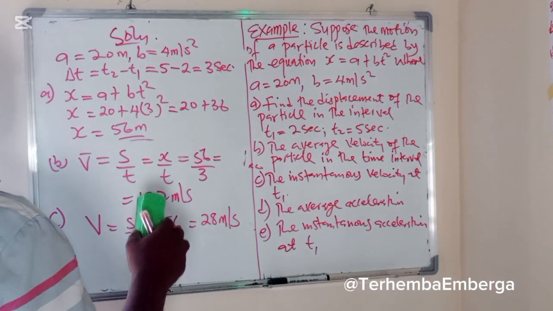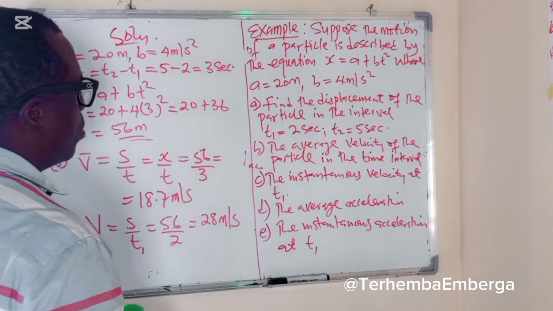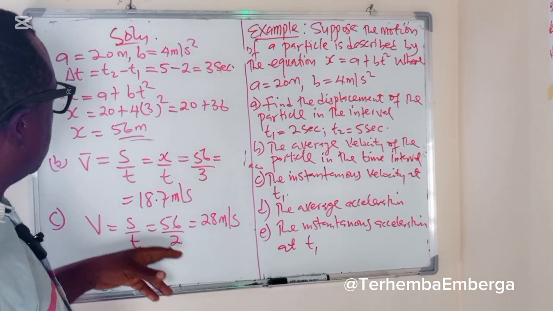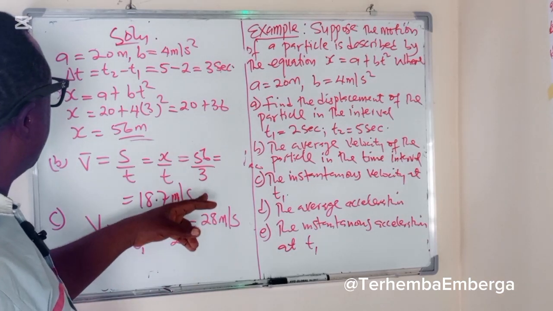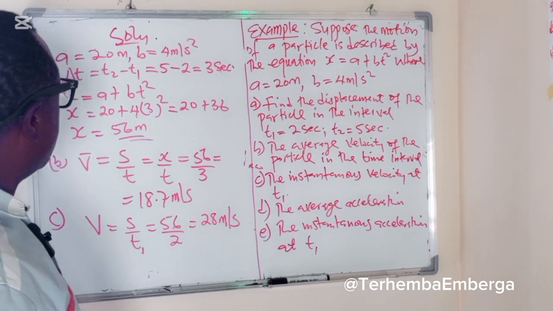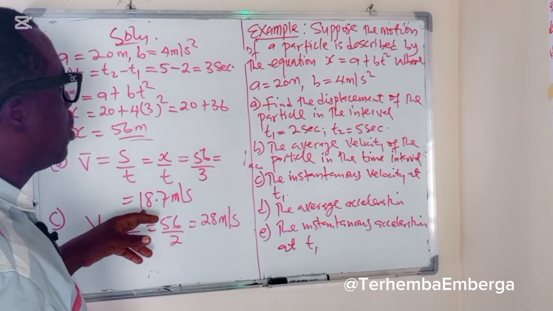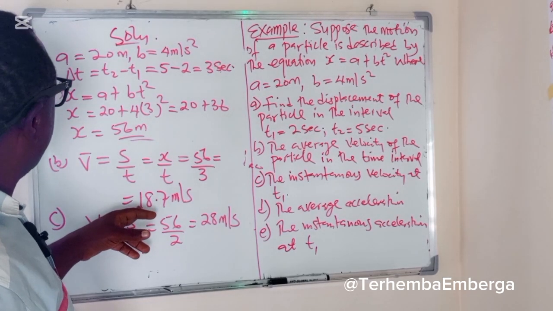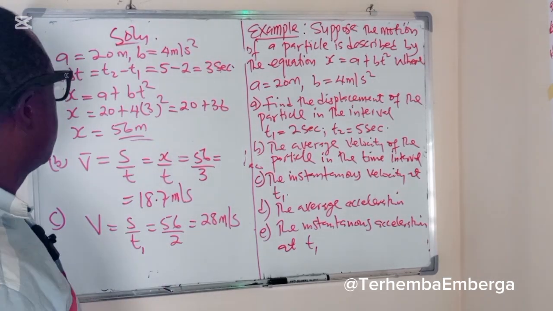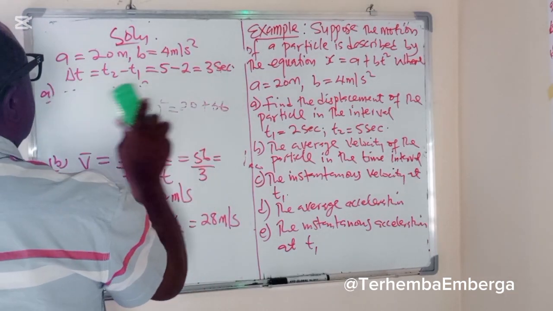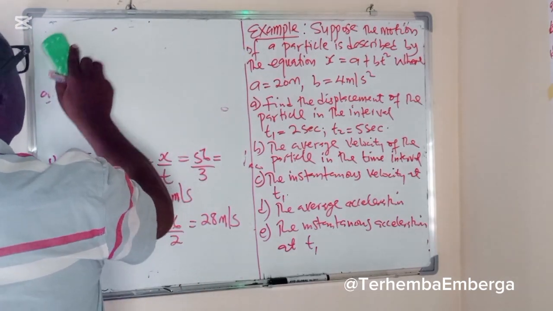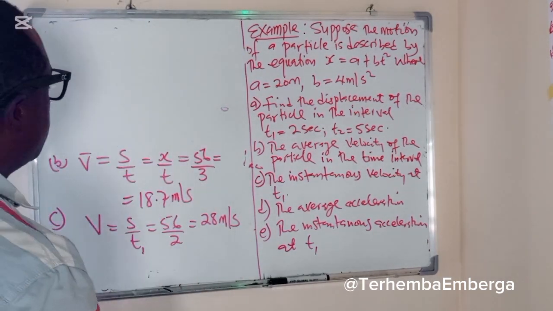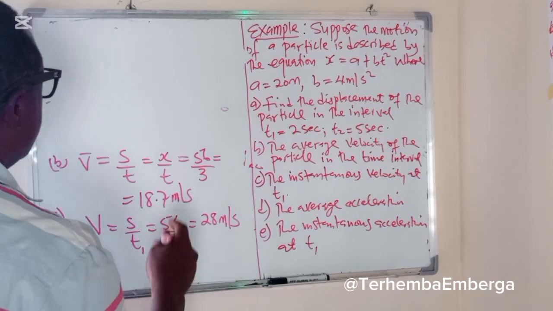Next we'll look at the average acceleration. We're talking about the average velocity over time. Average acceleration is average velocity over time. And what is the time?